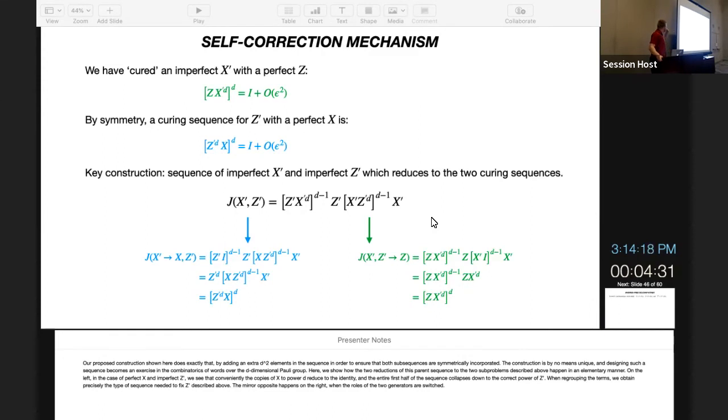I'm just trying to emphasize the dimension aspect of this construction, but you can just look and see how when I take x prime to x, the powers of x to the power of t are really identical. The whole first half of the sequence passes down. So now this construction is by no means unique, but with this type of insight, it becomes more of an exercise in combinatorics.